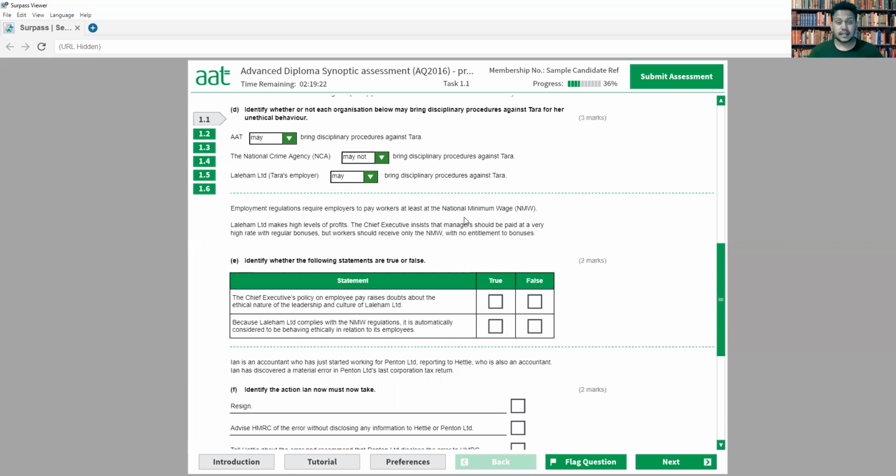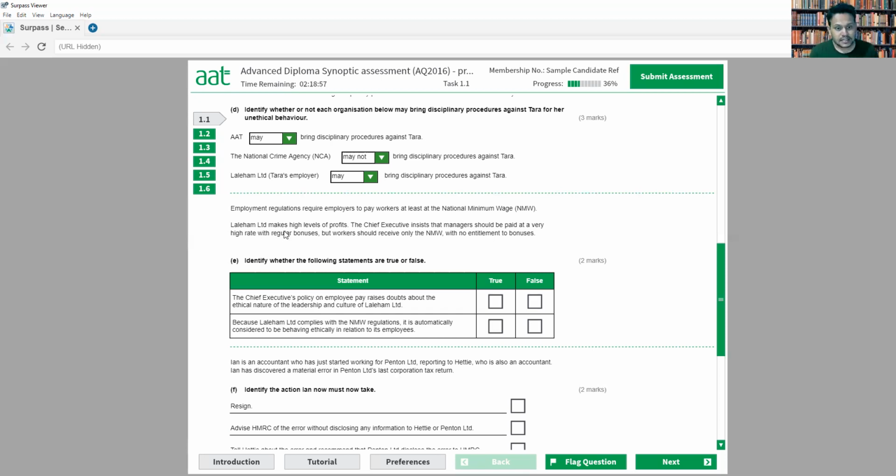If you employ someone over 25 years old, you have to pay this amount per hour. You cannot employ someone for less than that. Even if you'd like to pay less, the payroll software will not allow it. It will tell you you are paying less than the minimum, so you cannot accept that. This is the minimum threshold you have to pay.